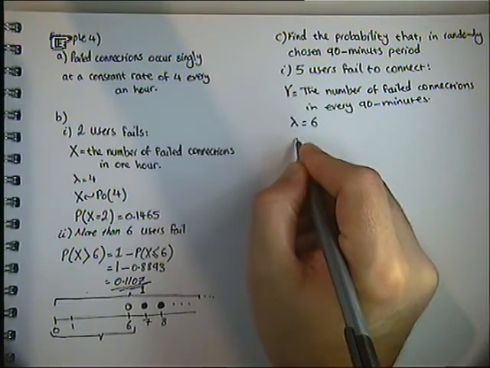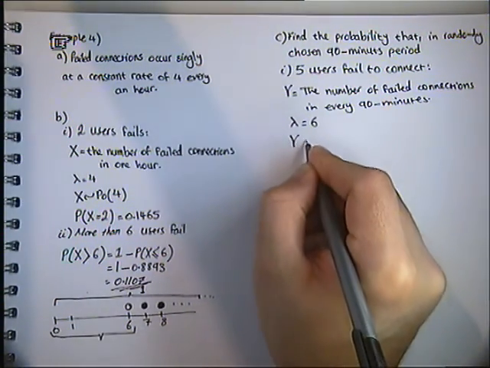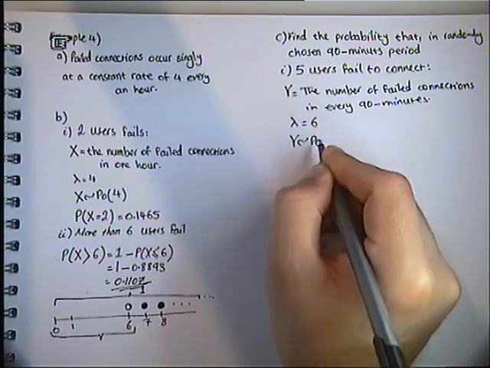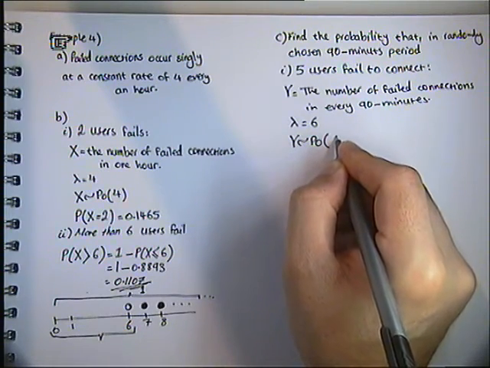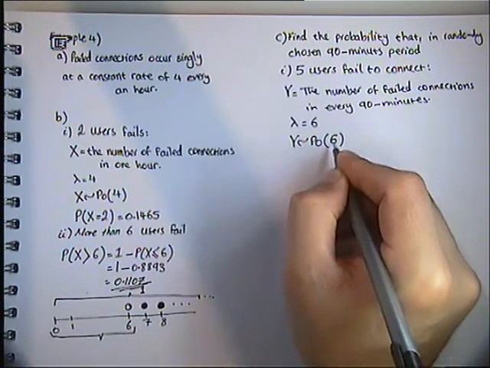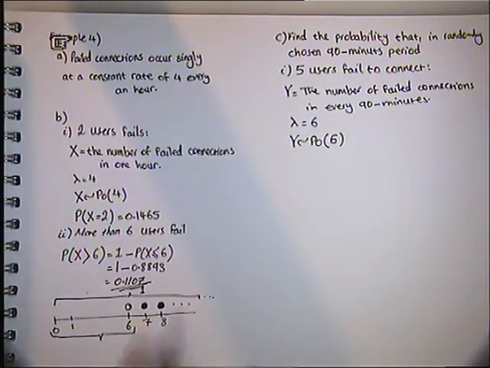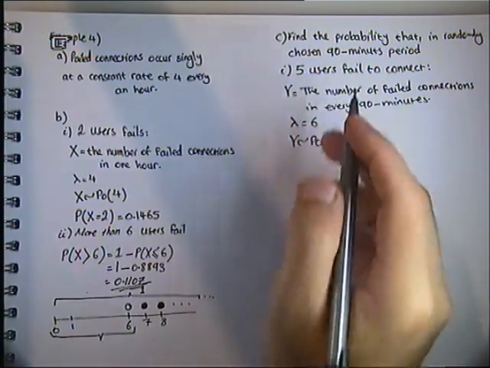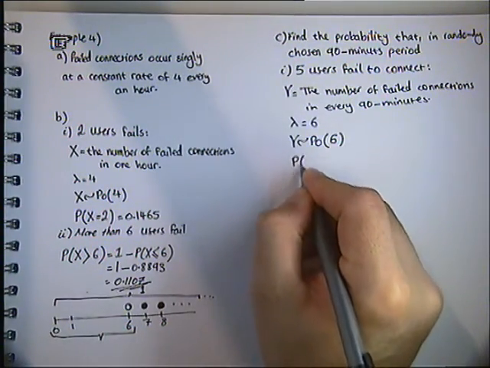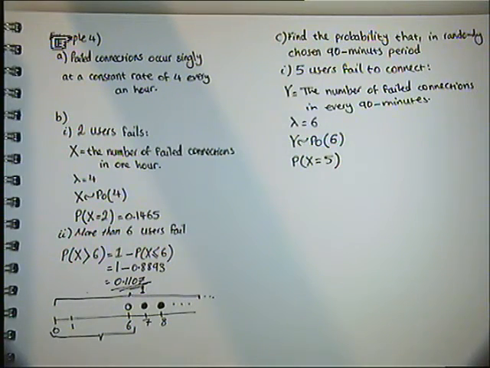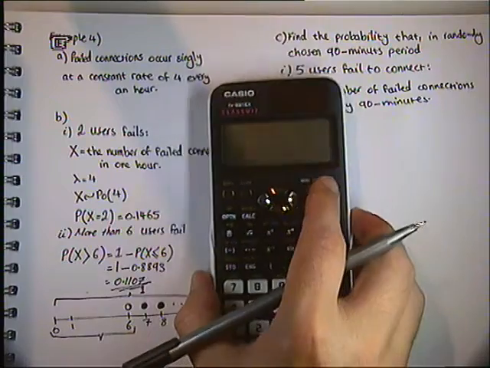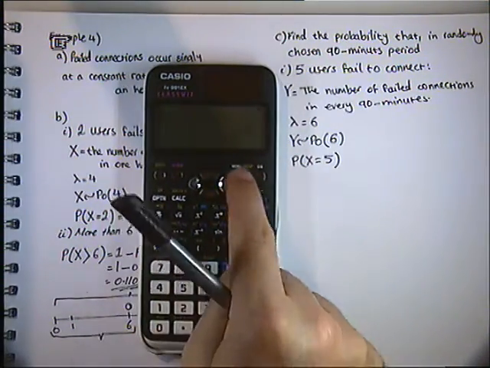It could be in the first minute and 60th minute, or it could be in the first minute and second minute. But on average, 4 connections fail in an hour, so therefore 6 connections fail in every hour and a half. Okay, so therefore y follows the Poisson distribution again with parameter lambda of 6 in this case. And we are looking for 5 users failed. Probability of y equals 5. Okay, so let's use the calculator again.